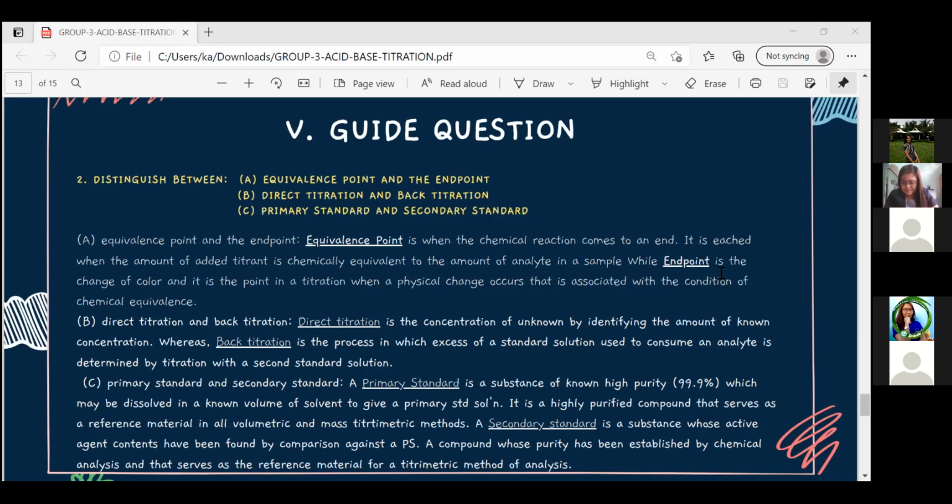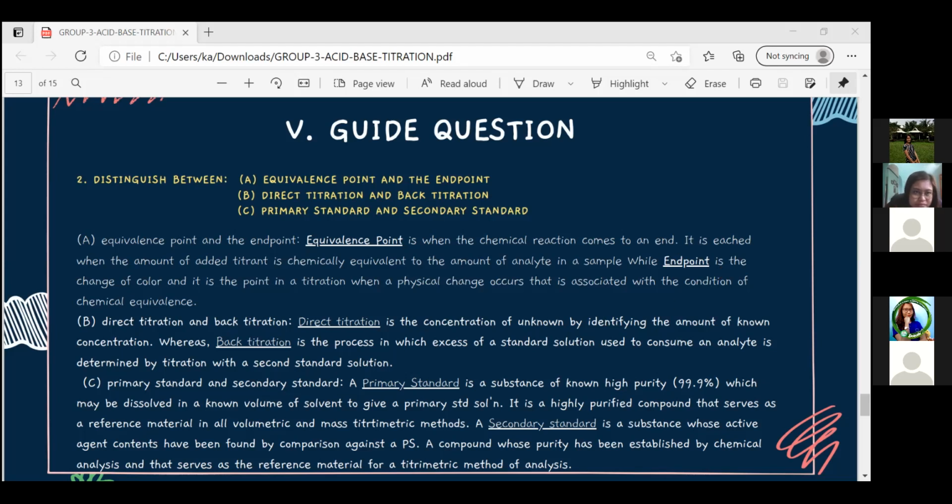It says excess amount of compound with known concentration, so it means madami. More than one talagang gagamitin, unlike sa direct, kasi sa back, malalaman mo exact point niya, may matalim or kalit na siyang change of color.